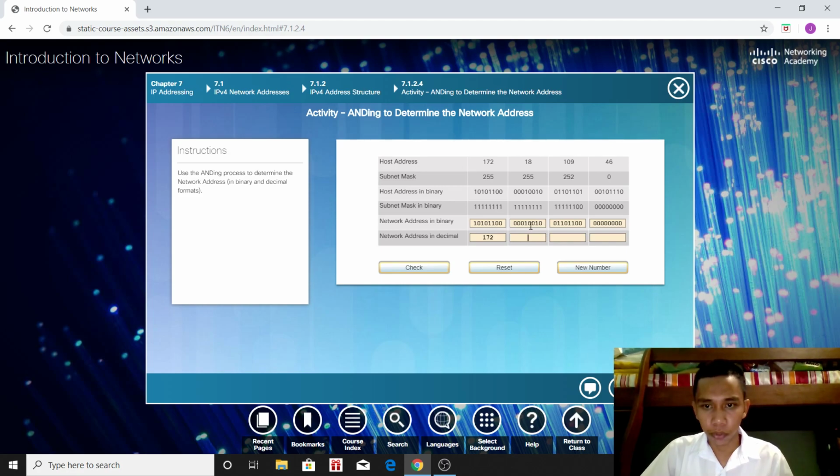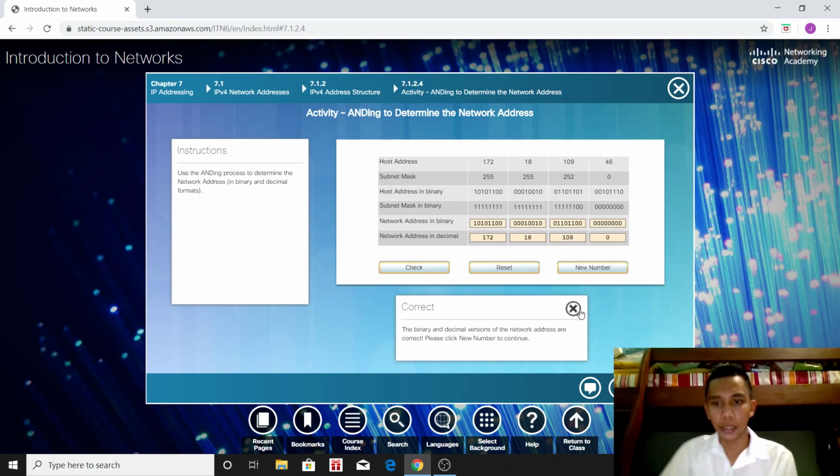Then 16 plus 2 is 18. Then 64 plus 32 is 96, plus 8 and 4 makes 108. Then 0. Let's check. Okay, it's correct.